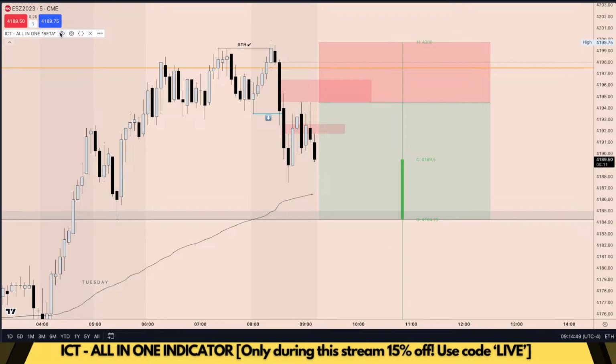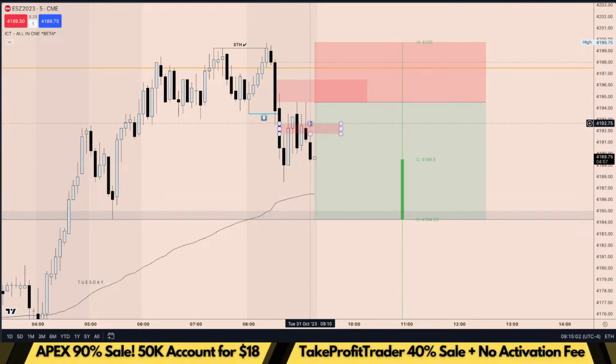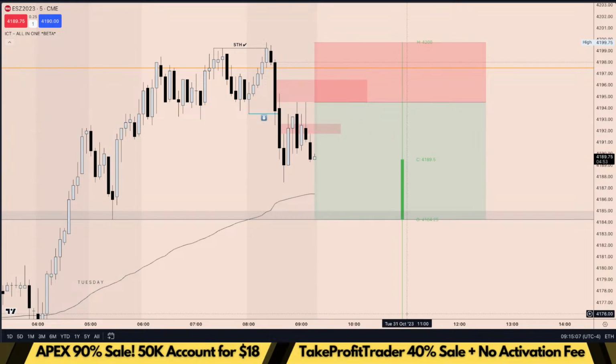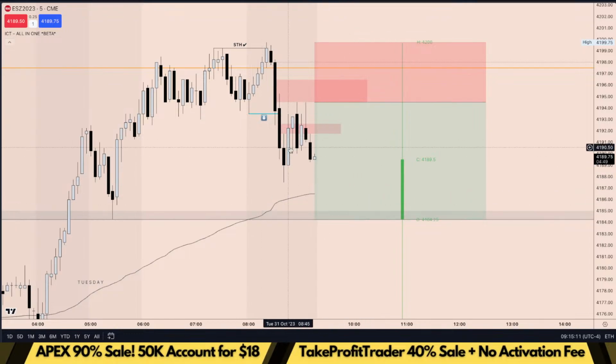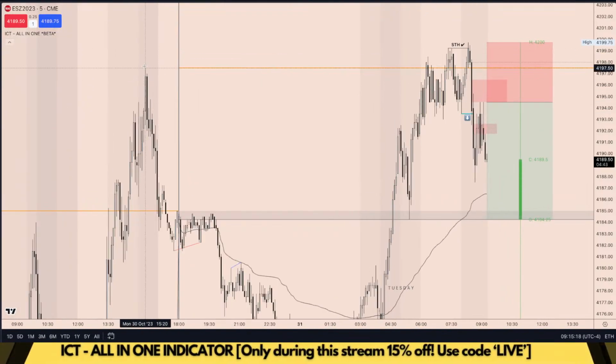The 8:30 open, we want to see that. So 8:30 came in, offering a displacement lower. Now we will have news at 9:45 and 10 a.m. We will see. What I don't like about this 2022 model right here is that we have SMT divergence between ES and NQ.